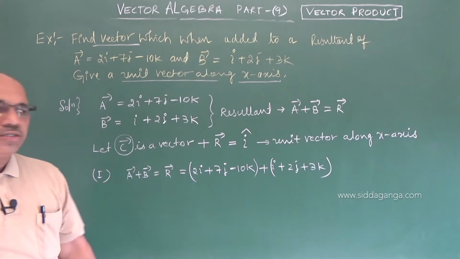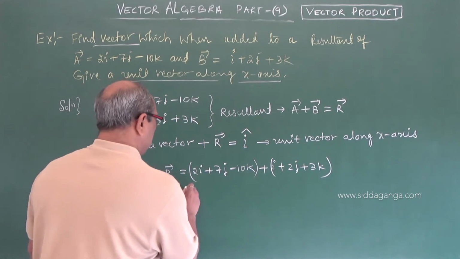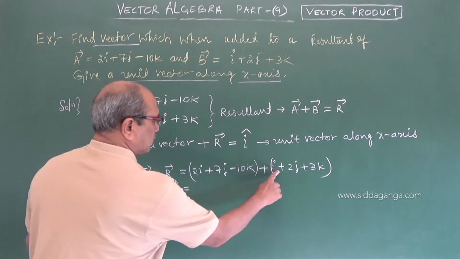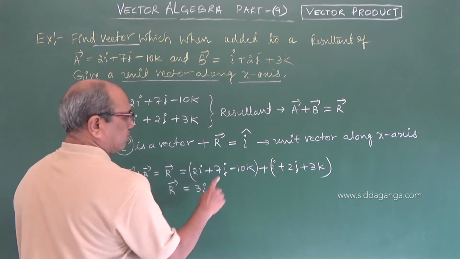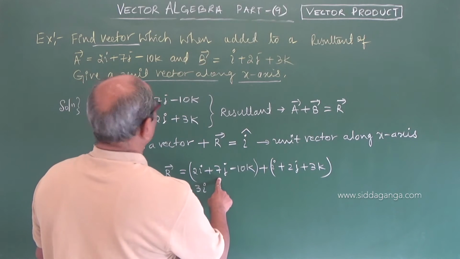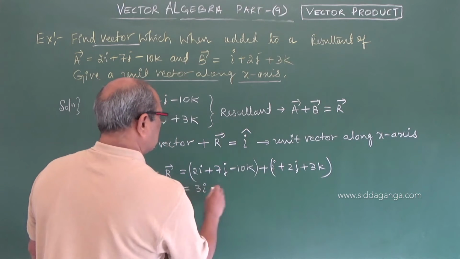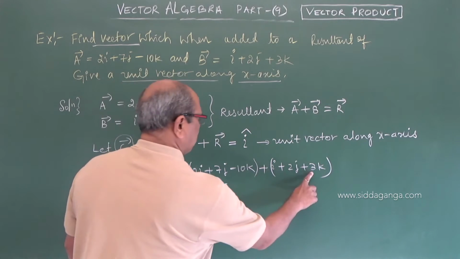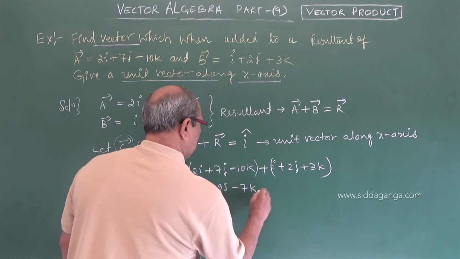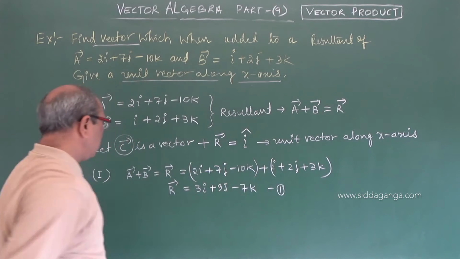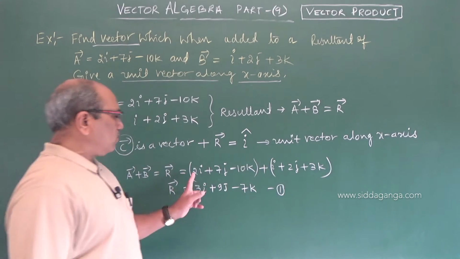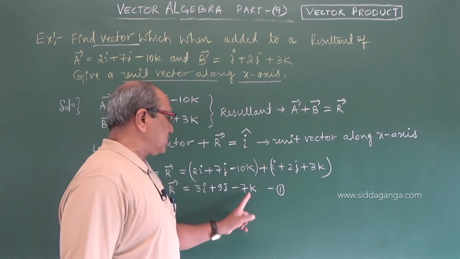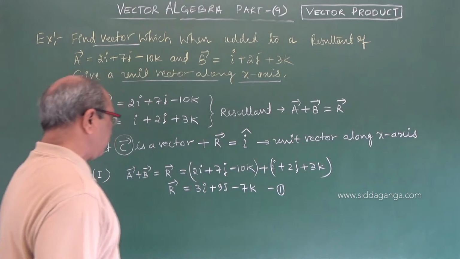You know, in addition, we go i with i, j with j, k with k. 2 plus 1 is 3i. 7 plus 2 is plus 9j. Minus 10 plus 3 is minus 7k. I hope you followed.